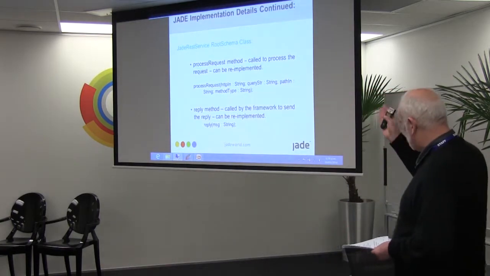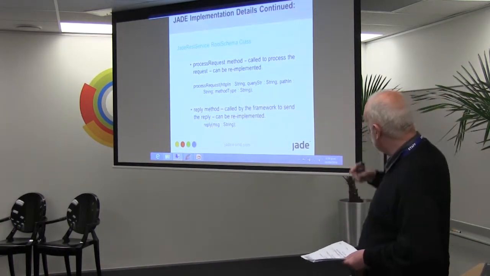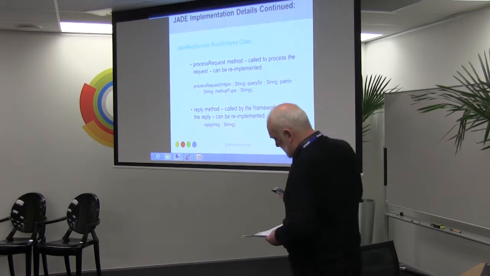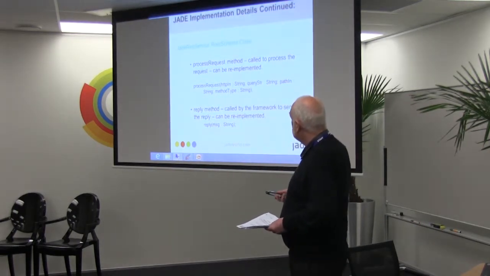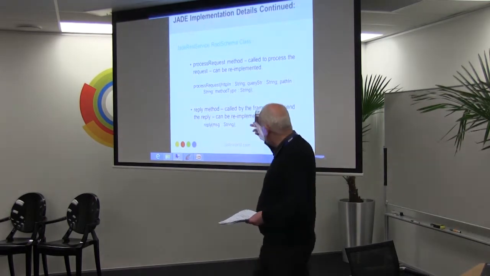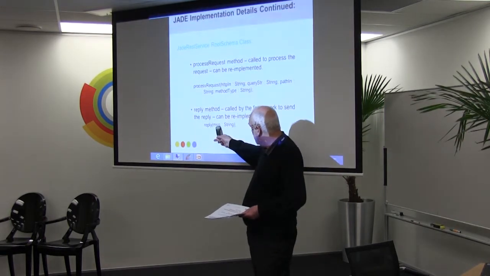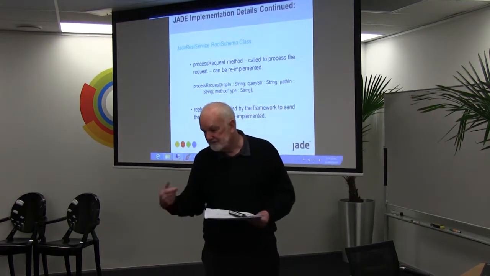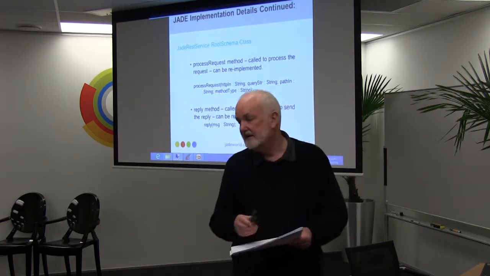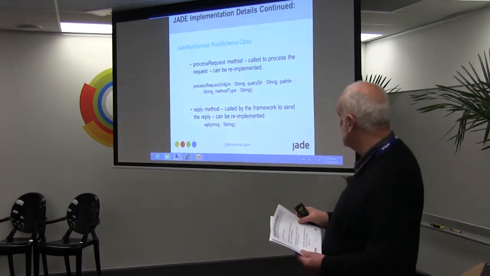I don't know, whatever you want to do in there. As long as you call the re-implement inherit method, it will get processed. And similarly, when the reply is about to be sent back to the client, we call the reply method that you can re-implement and do anything you like in there prior to it being sent to the client.